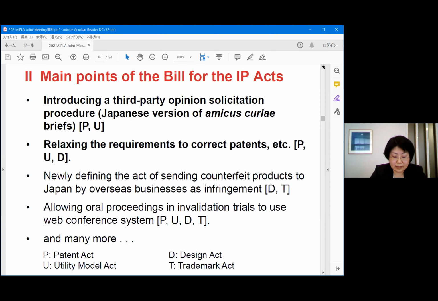Today, I will explain mainly the first point, the introduction of the third-party opinion solicitation procedure, and briefly explain the second one, based on the bill and the Patent System Subcommittee's discussion.